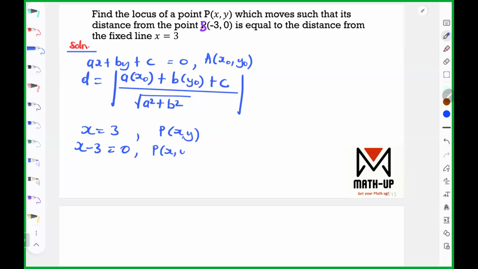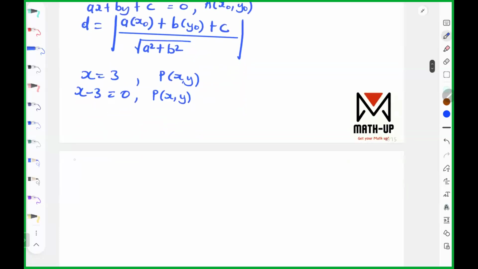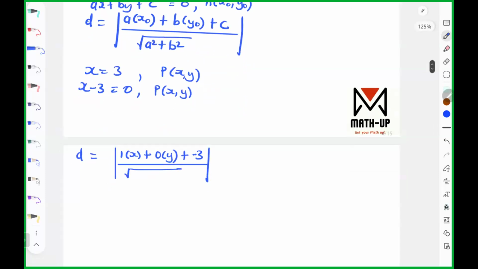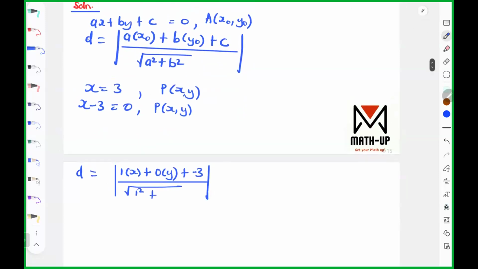That distance d will be equal to the magnitude of a, the coefficient of x, that is 1 times x, plus b, the coefficient of y, that is 0 times y, plus c, which is negative 3, as someone has said, out of a squared, but a is 1, so 1 squared, plus b squared, but my b is 0 since it's just x minus 3 is equal to 0. So I'll have 0 squared.